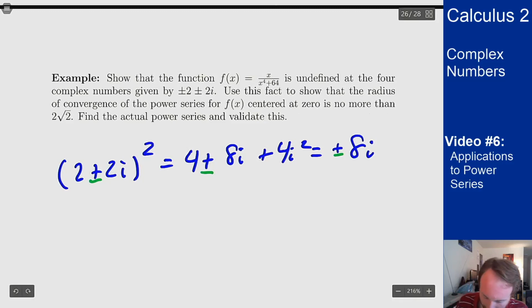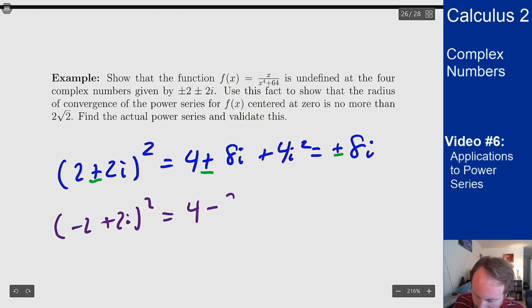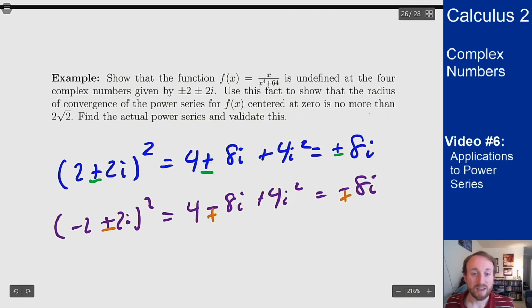If I look at minus 2 plus 2i squared, that gets me 4 minus 8i plus 4i squared, which is again negative 8i. And if I put a minus in here, I will get a plus here. Again, all those squared is minus 64, which means they all are roots of x to the fourth plus 64.